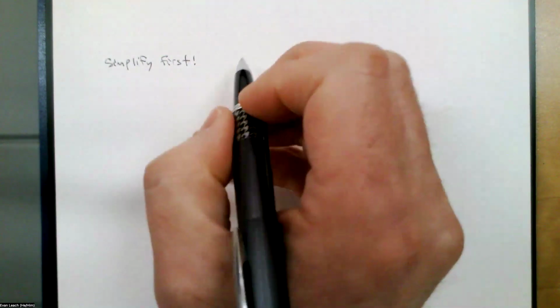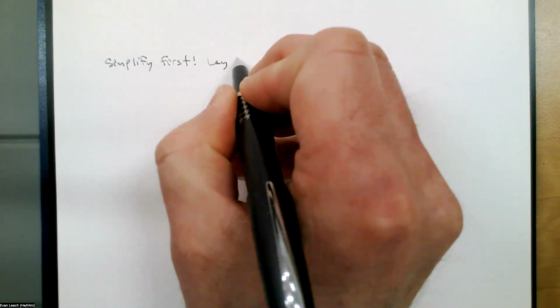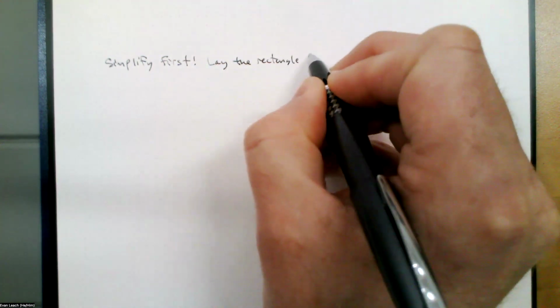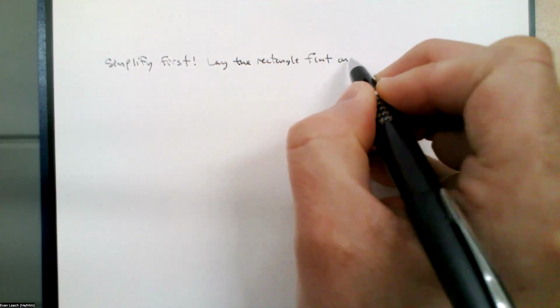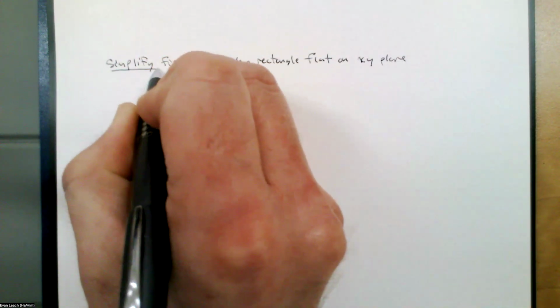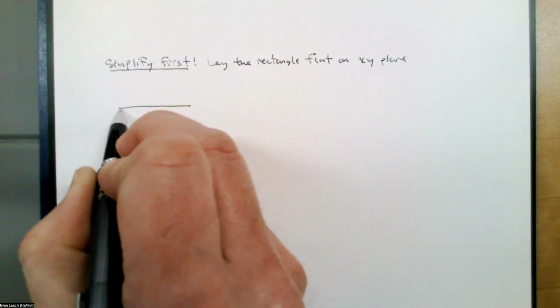So yesterday, my recommendation was to think of the problem as a simpler version of the problem. If I lay the rectangle flat on the XY plane, here's a side view.